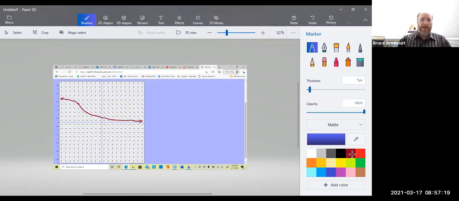Let's pick a different initial condition. Say something up here. All right, no, let's go down here. Let's do this one. So this one's telling us to go down. But again, it sort of flattens out. So we go that way.